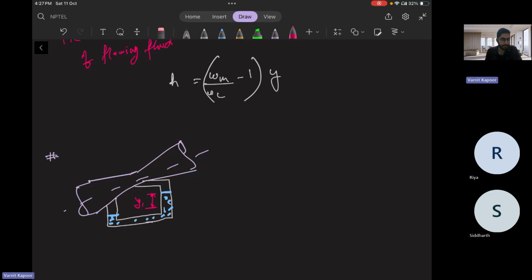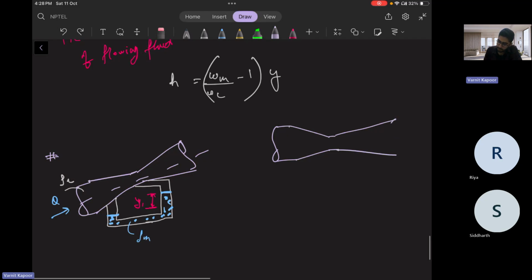That is, suppose y1, in the first case y1. The flow is happening like this, and this will be rho of L. Or if my venturimeter is kept horizontal as well, with my throat section, then the case which we did right now, the manometer will be like this, and this will be the deflection.